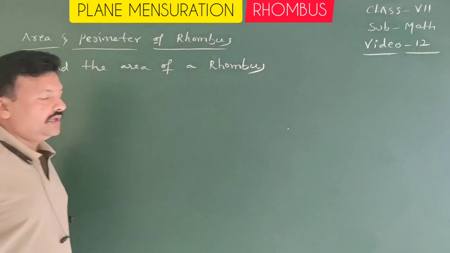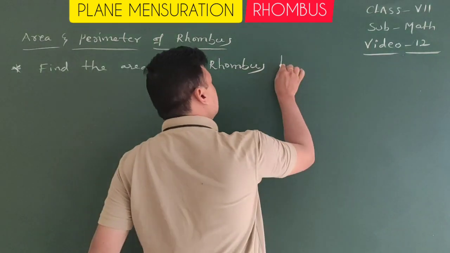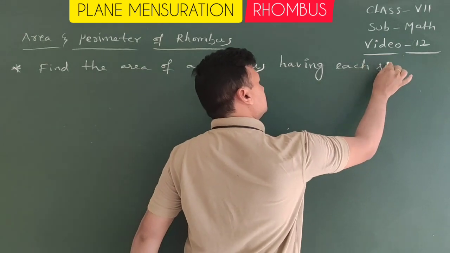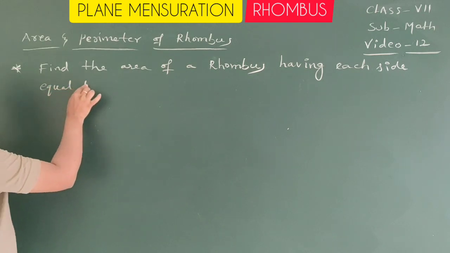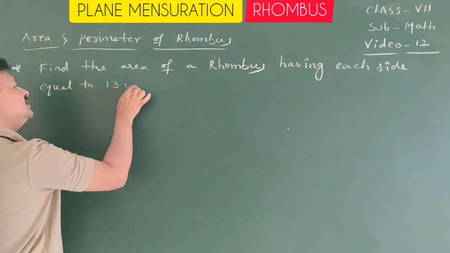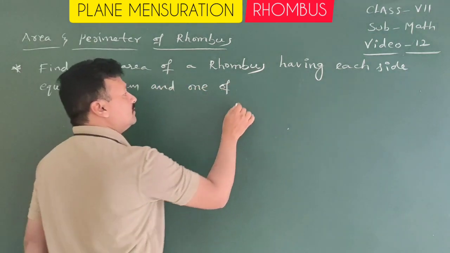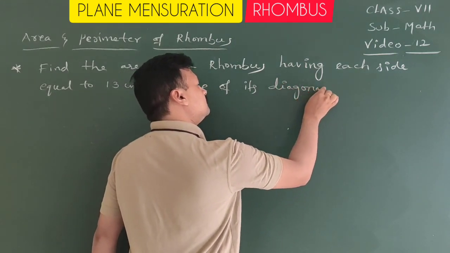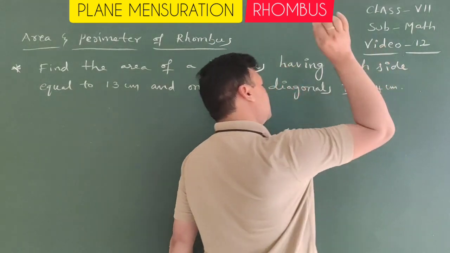Next, find the area of a rhombus having each side equal to 13 centimeters and one of its diagonals is 24 centimeters.